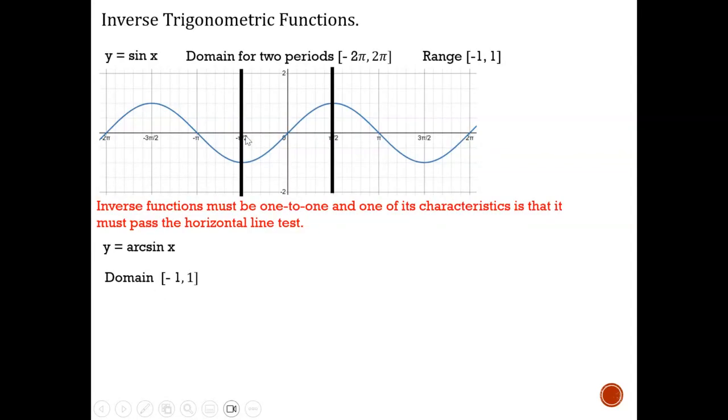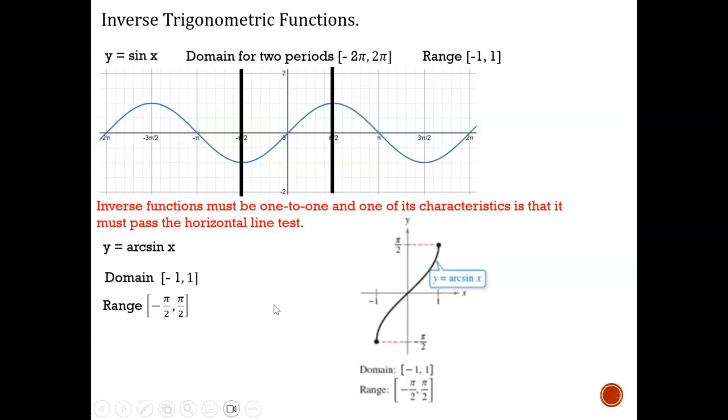And now, for this to have an inverse, we have to adjust the range, which will be from negative pi over 2 to pi over 2. You see this way, from negative pi over 2 to pi over 2, it doesn't cross the graph at more than 1 point. So this is my range, from negative pi over 2 to pi over 2, and this is the graph.